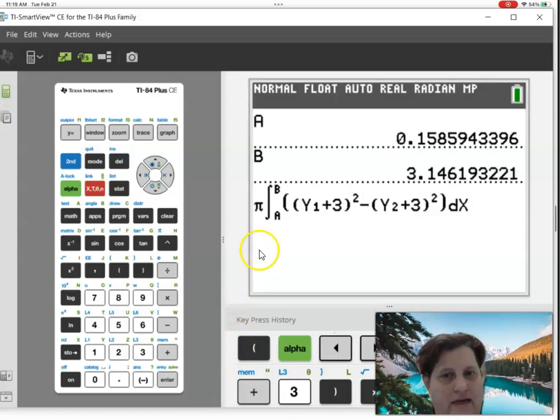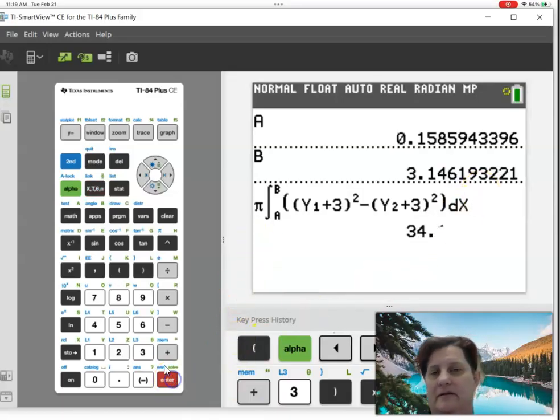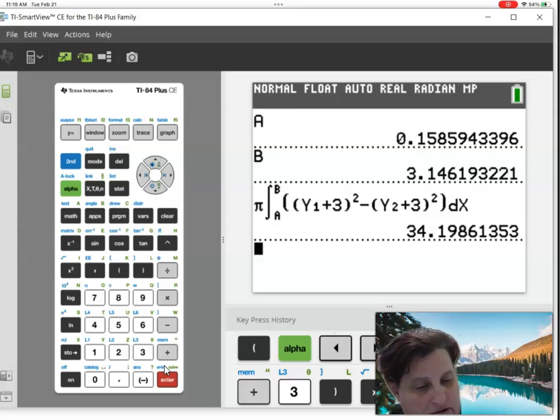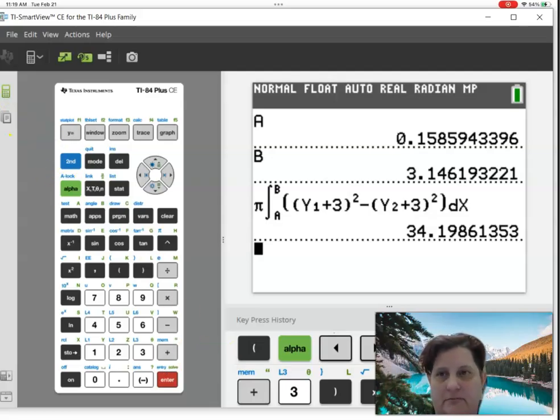You can even write that whole thing on your paper for the graders, using the a and b and the y1 and y2, as long as you state what those all equal. This gives me 34.198 as my volume.